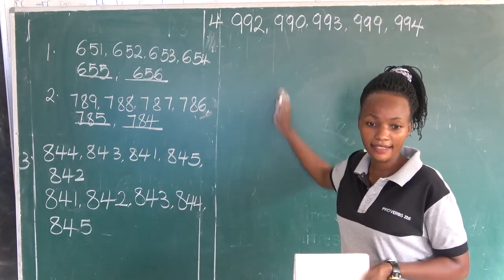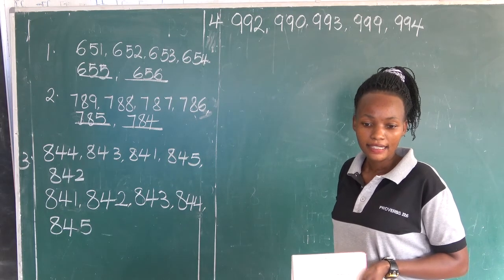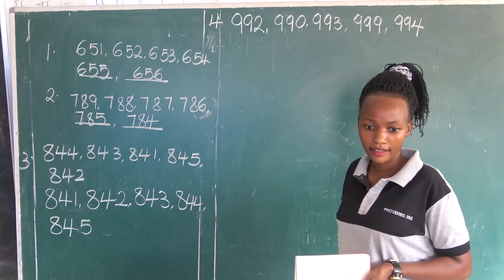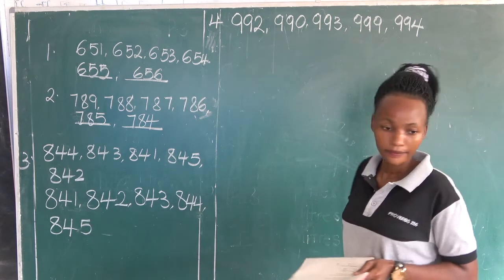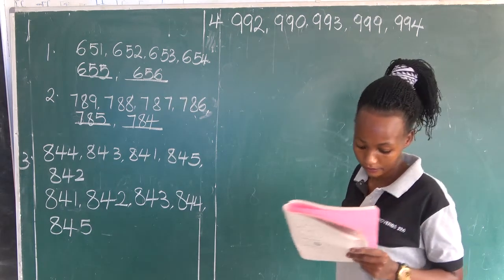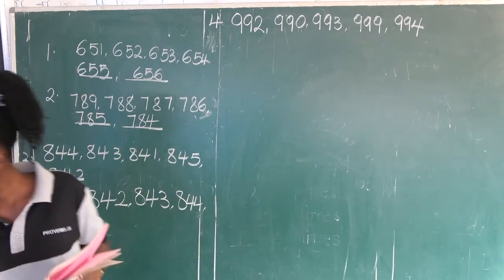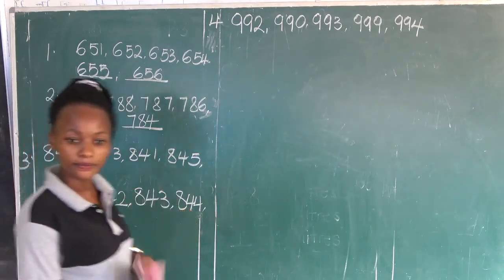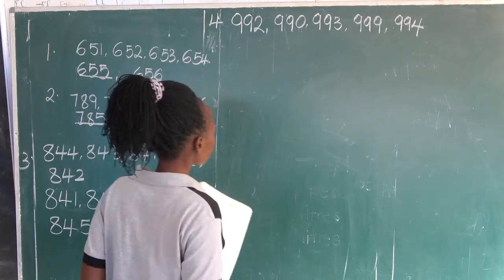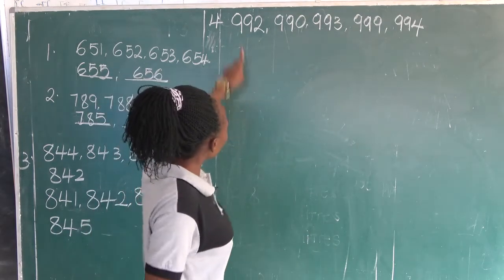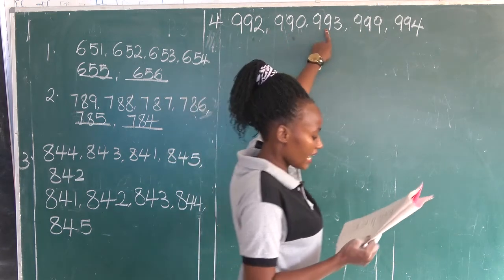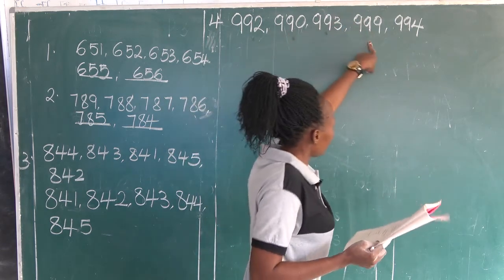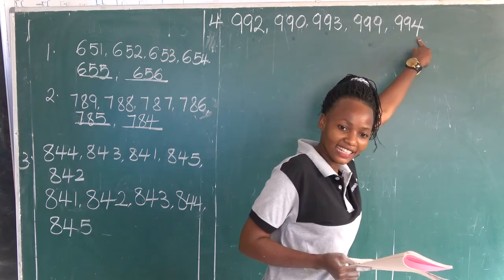Starting with the largest. Yes, Bella? 999, 994.